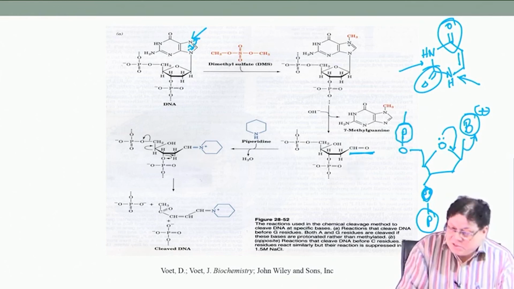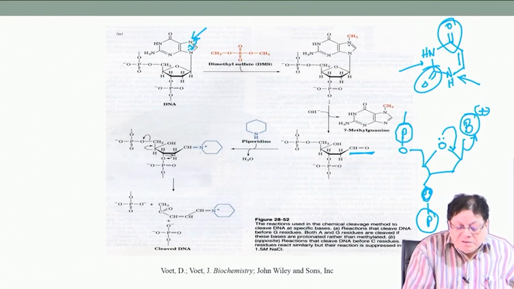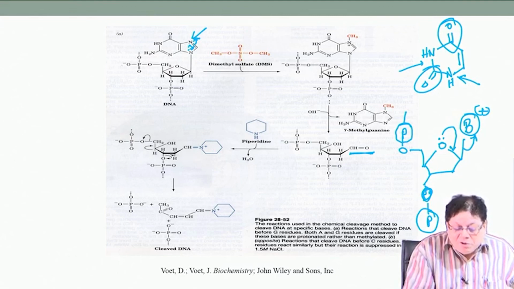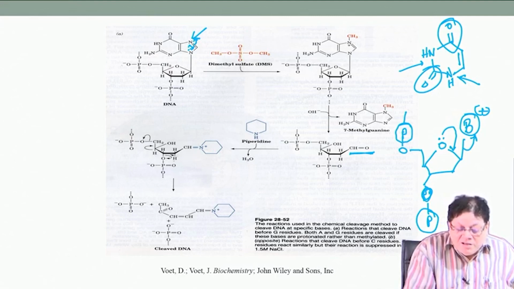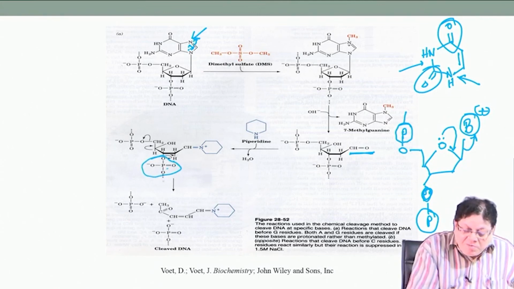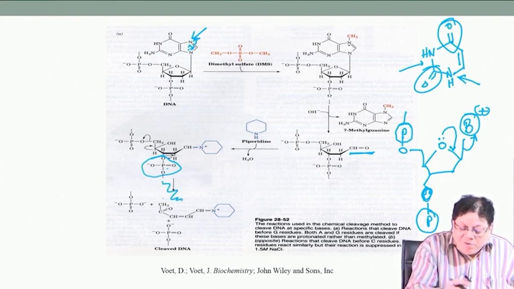That means a Schiff's base, and now, because of this positive charge, these hydrogens at the 2' position become very acidic. So, now there is a beta elimination. Beta elimination means the phosphodiester now leaves. That means whatever DNA chain is at the bottom, that goes off.